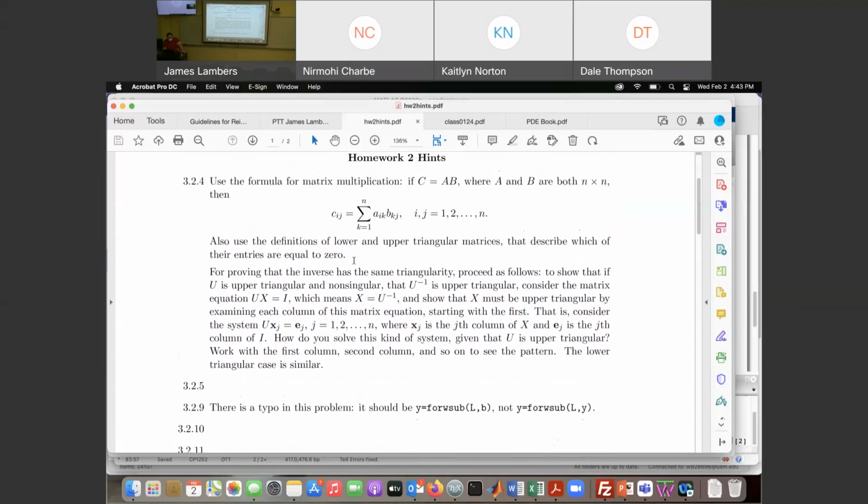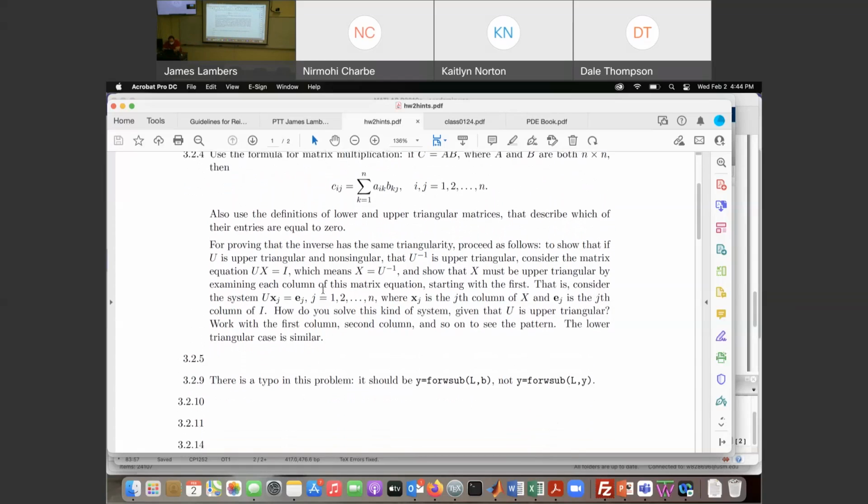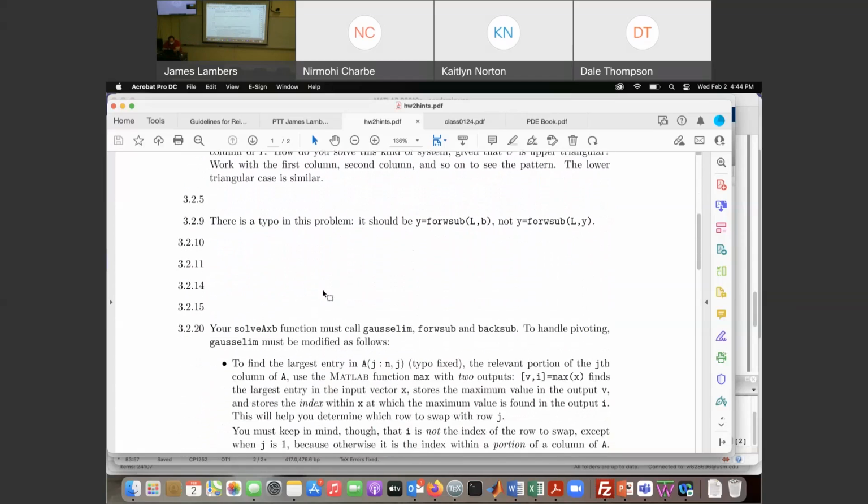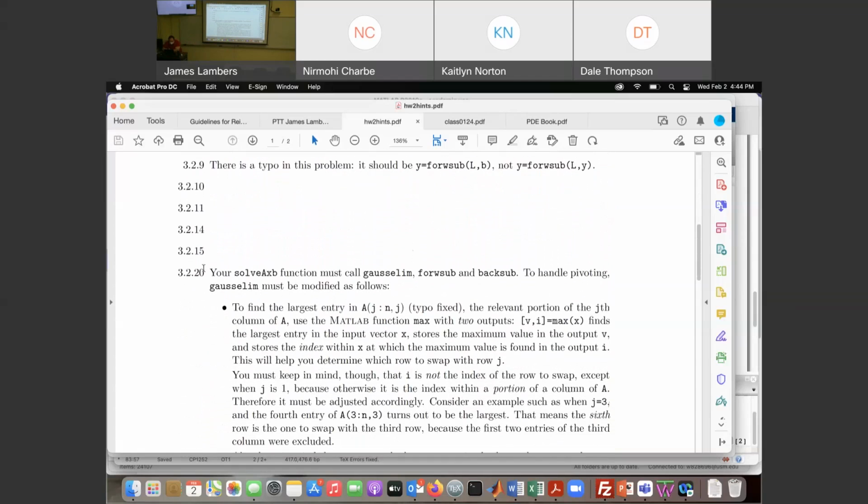As you can see, I had a lot to say about the first problem, where we're trying to prove that a product of two lower triangular matrices is lower triangular, or that the inverse of a lower triangular matrix is lower triangular. I want to talk about the last problem coming up in this assignment, 3.2.20, where you're writing a solve AXB function that itself calls three functions: one for Gauss elimination, one for forward substitution, one for back substitution.